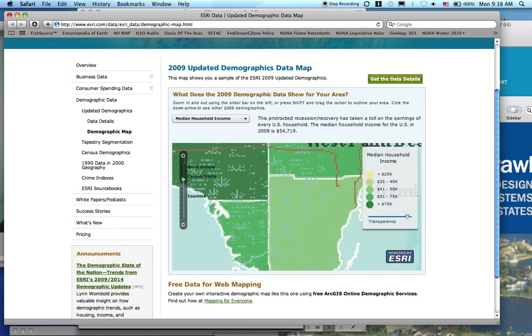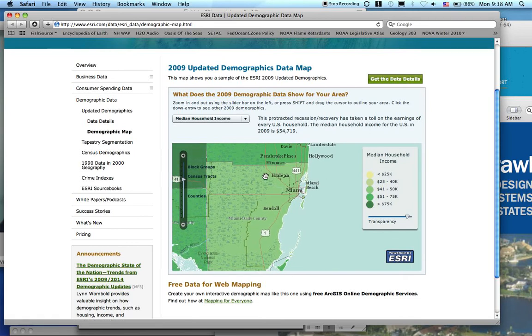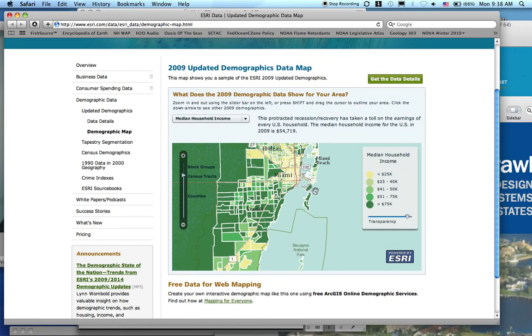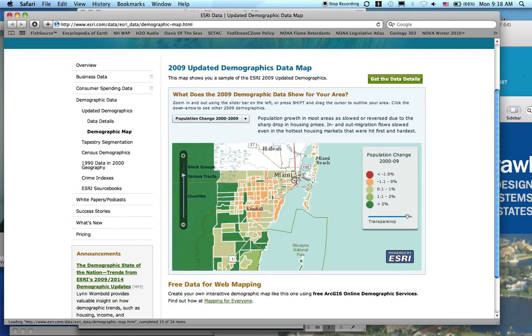So if we zero in on Miami, see Miami Beach, Hialeah, Kendall, we can take this even a little bit further. That's what I'm going to have you do. You can see here household income is on this particular one, but then you can look at the population changes also for the Miami area.